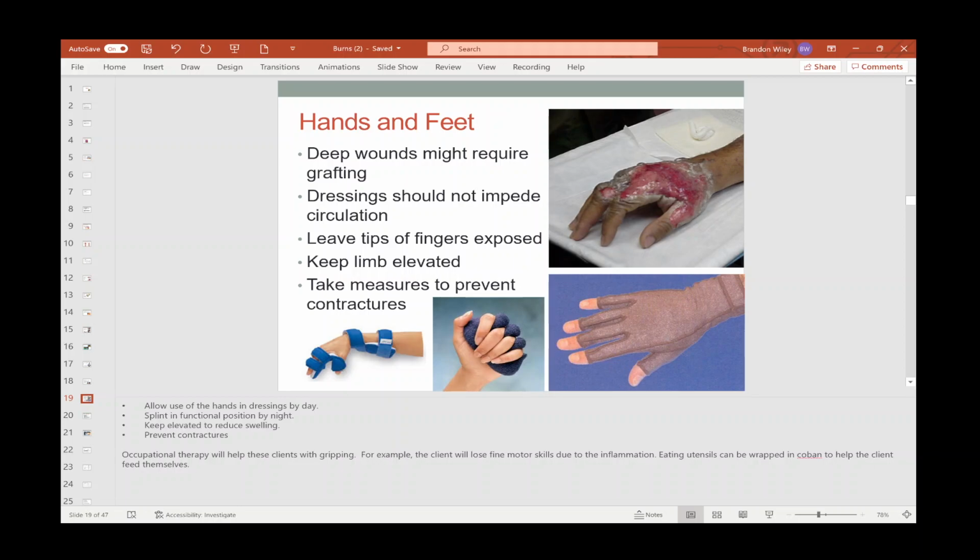And depending on where the burn is, we may actually have them have stuff in between their fingers to keep them separate, so we get full functionality out of it. So every little thing that we use is to maintain functionality. Okay? We don't want to keep it like this, because we'll lose this, right? We'll still have somewhat of a grip, but we're not going to be able to straighten out the fingers.